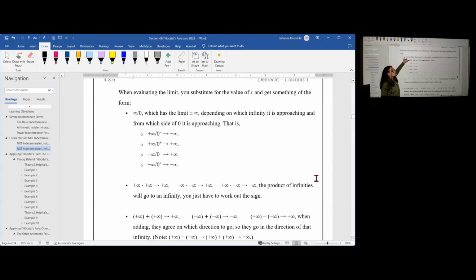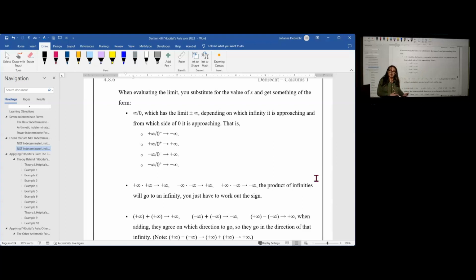Let's suppose that you took a limit and the function in the numerator approached infinity. The function in the denominator approached 0. So the numerator is getting larger and larger in absolute value, and the denominator is getting smaller and smaller. This will cause the magnitude to blow up to infinity.